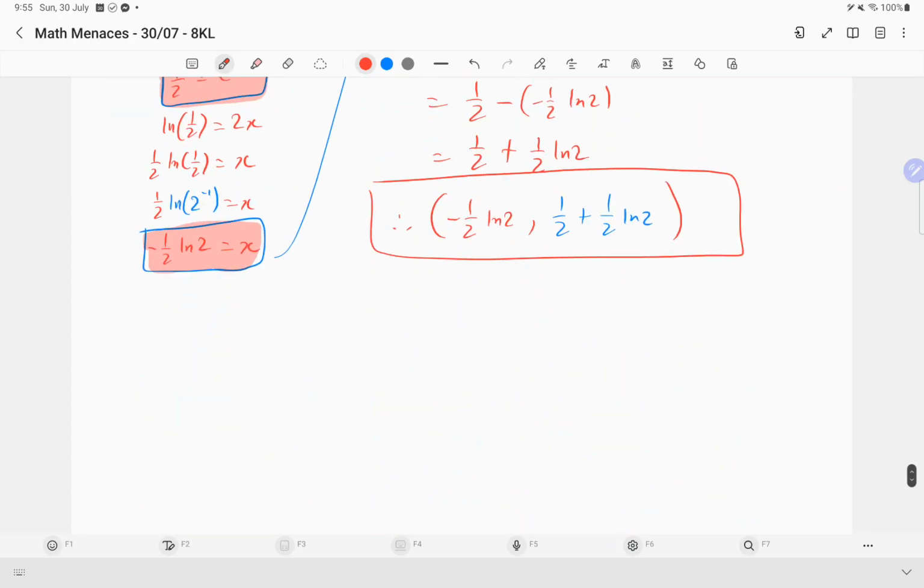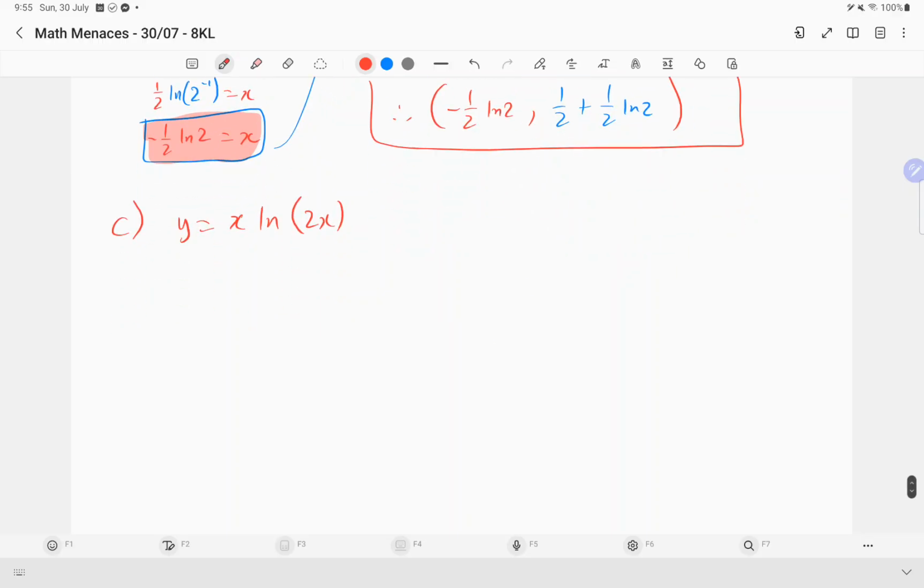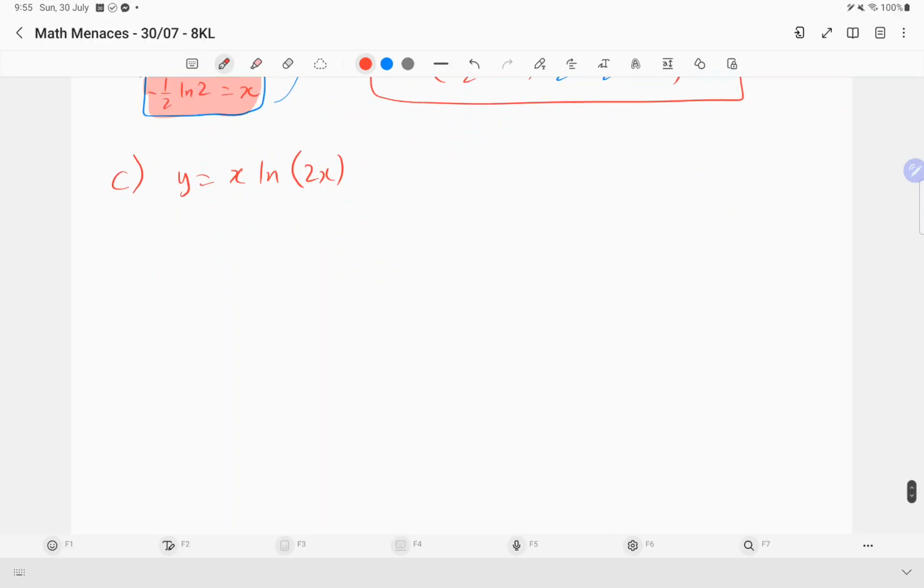So x ln 2x, what did I say earlier? What's the rule here? There were two. The product rule, yes, that's the main one that I'm looking for here. Product rule, Sarah, do you still remember how to do product rule? What's the product rule?